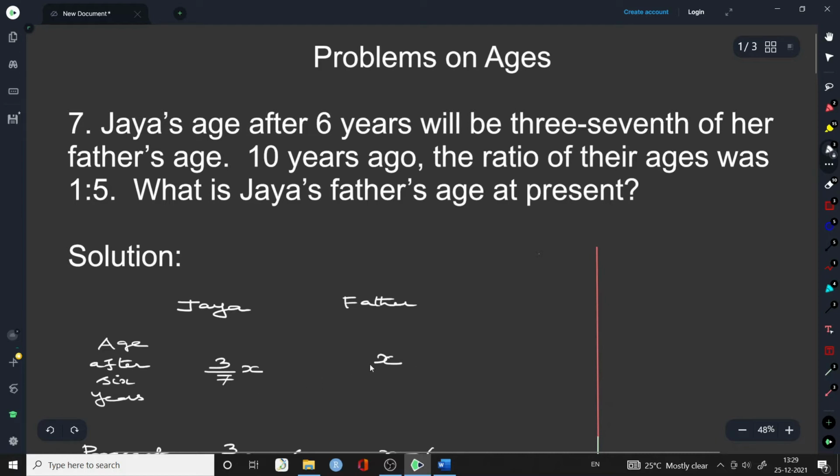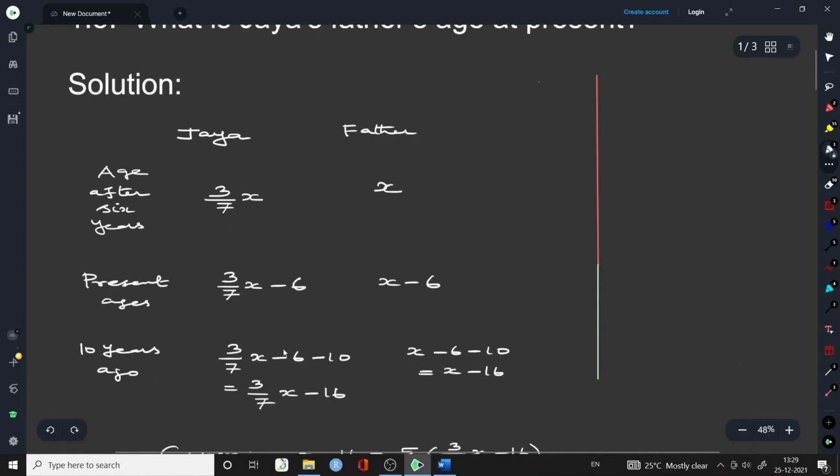This is the ratio. Father's age is x and Jaya's age is 3/7 of x. Therefore, to get the present age, what we have to do is subtract 6 from each of their ages. So Jaya's present age will be 3/7 of x minus 6, and the father's age will be x minus 6.